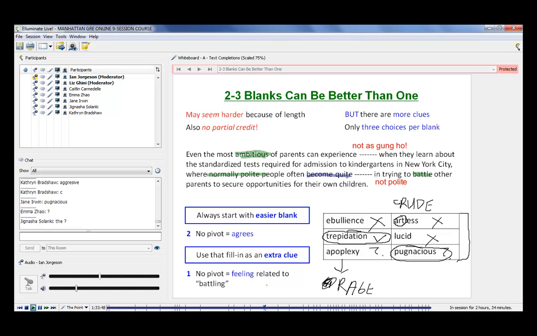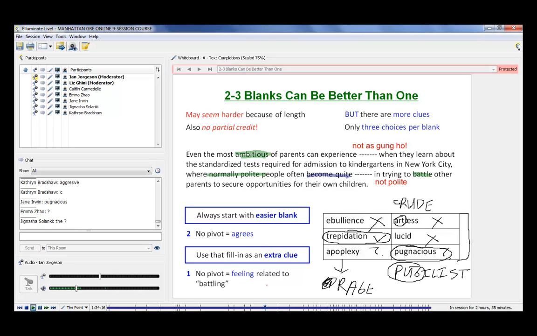Maybe that'll help you, maybe not. But it actually comes from the same root as pugilist, which is a fancy name for a boxer. A boxer or other fighter is a pugilist. So pugnacious, same root, has to do with fighting. Questions about that one at all?